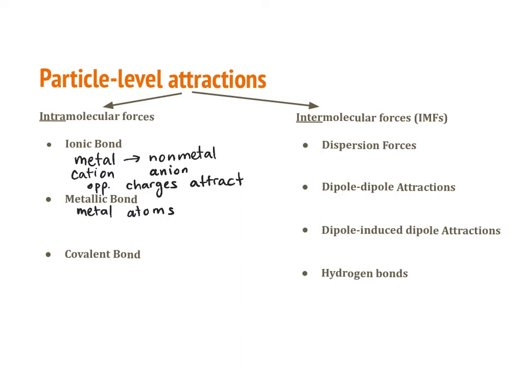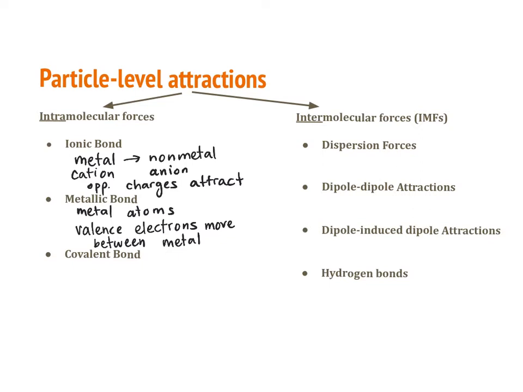Those valence electrons can very easily float from one metal atom to the neighboring metal atom. But it's not like they completely transfer to one atom. As one electron moves out of an atom, probably another one's going to move in from another atom.